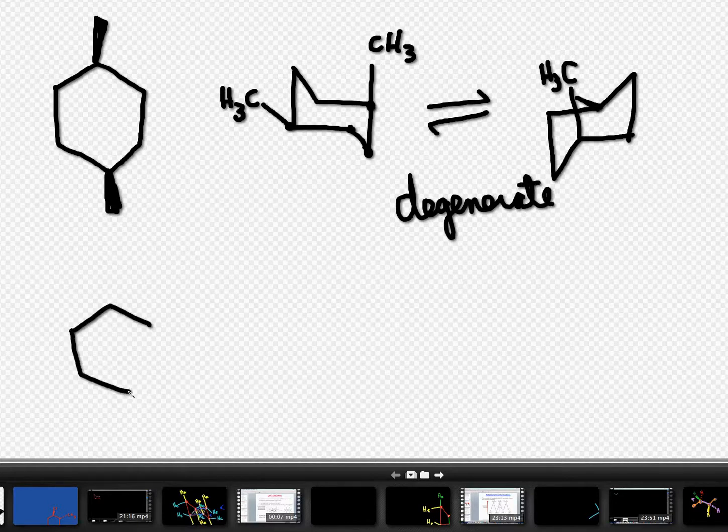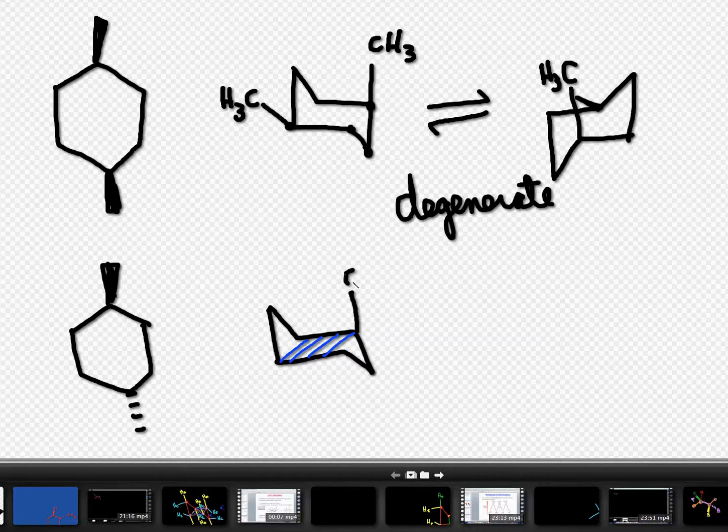Now let's look at 1,4 trans quickly. One, two, three, four.